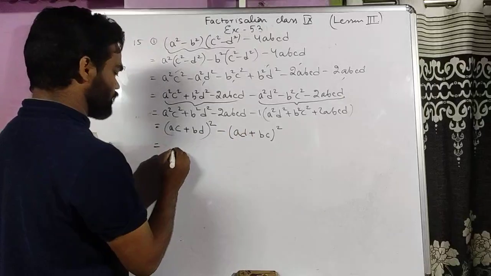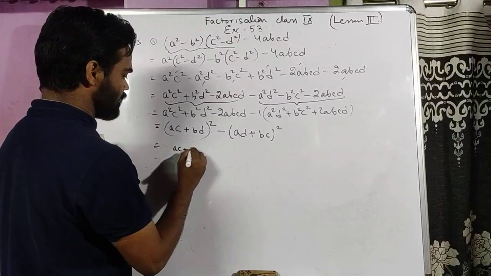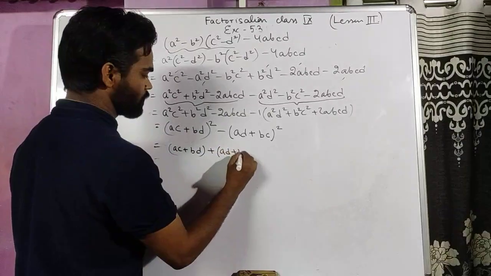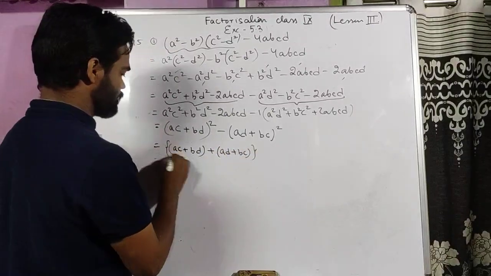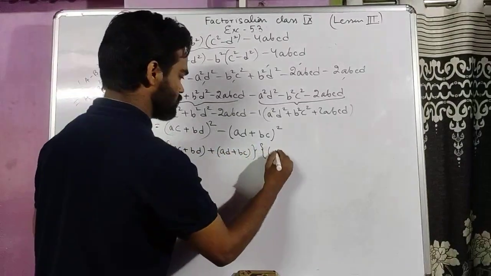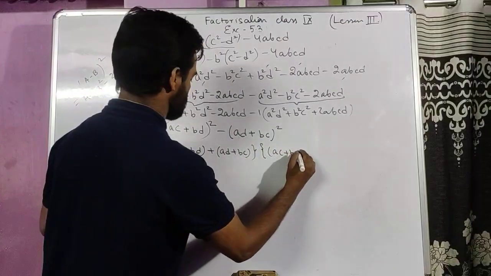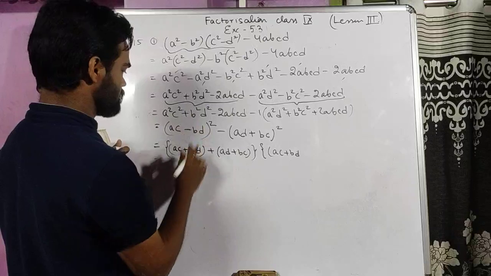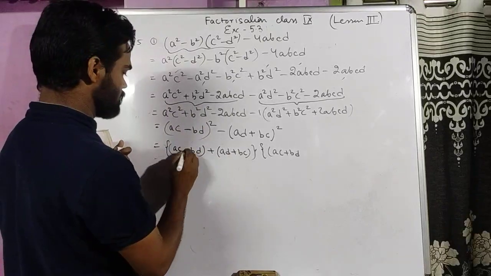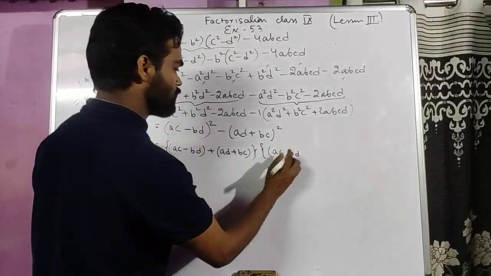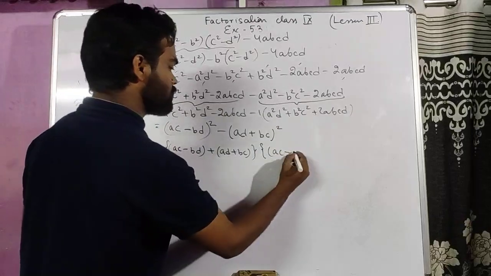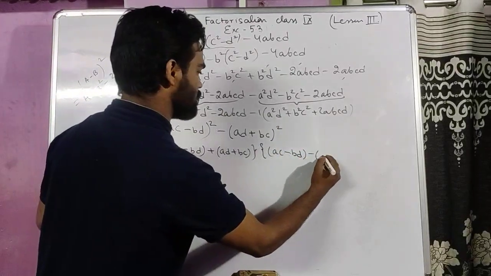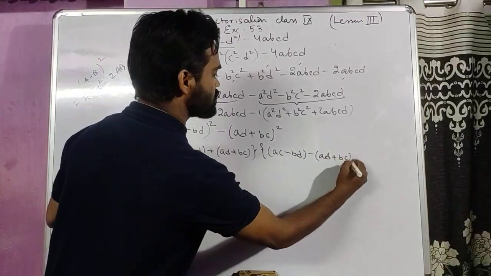Now a square minus b square is (a plus b), and here it will be minus, so this will be minus, over here it will be a minus sign, so minus (AD plus BC).